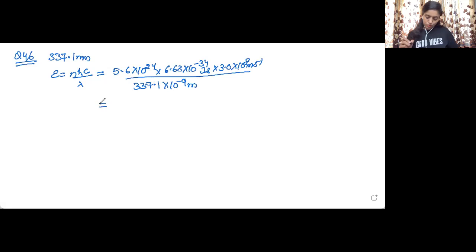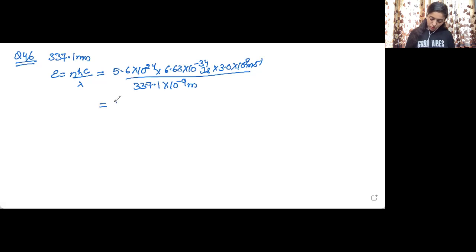So this is coming out to be equal to 5.6 multiplied by 6.63 multiplied by 3 divided by 337.1.